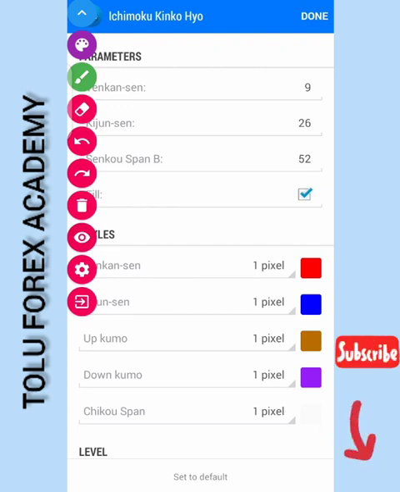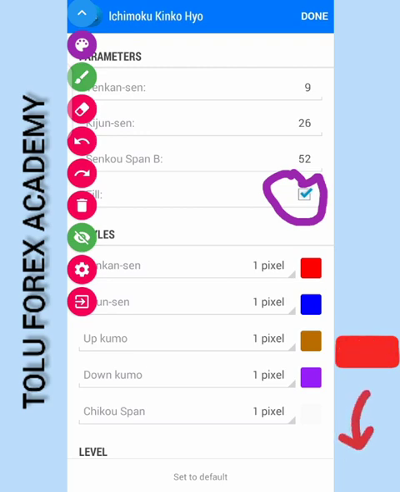The next thing I'm going to do is change this up Kumo to a color that shows an uptrend. I will change it to, let's say, light green. Then this down Kumo, I'll change it to, let's say, a red or orange color, so that I can see a difference.